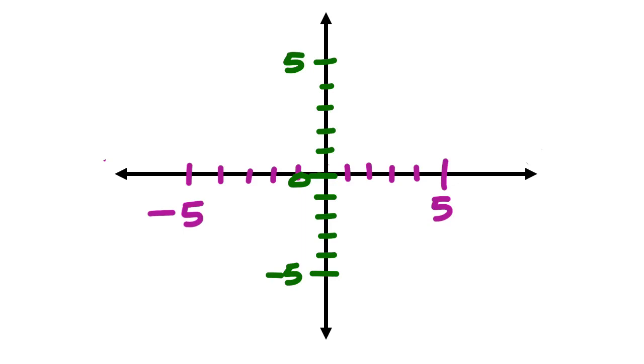The horizontal number line is where the x values go, or it represents where the x values are. And the vertical number line is where the y values would be represented, okay? So in this case, horizontally we have this purple, that's x, and vertically we have green, which is the y values.